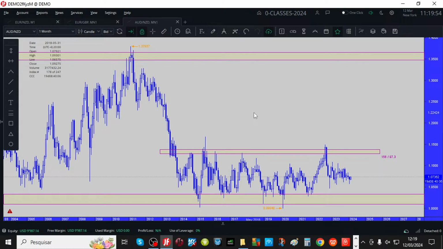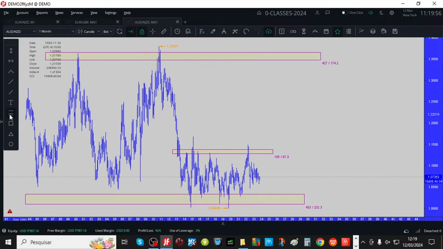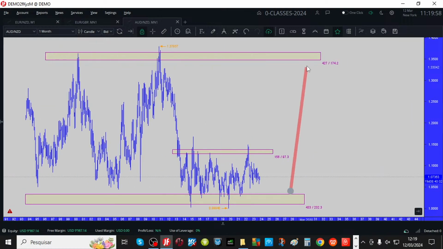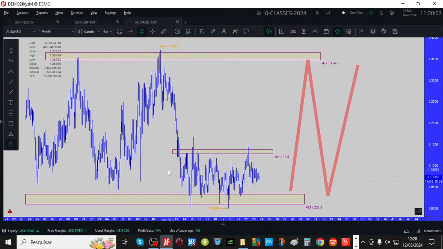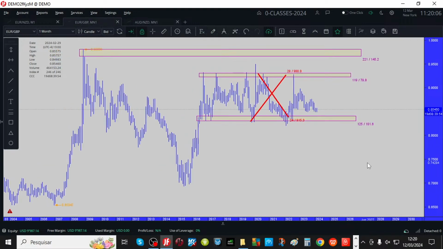Alright everybody? So we're not talking about consolidation in terms of the monthly bands, but we're talking about the consolidation inside the monthly bands. This was an example.